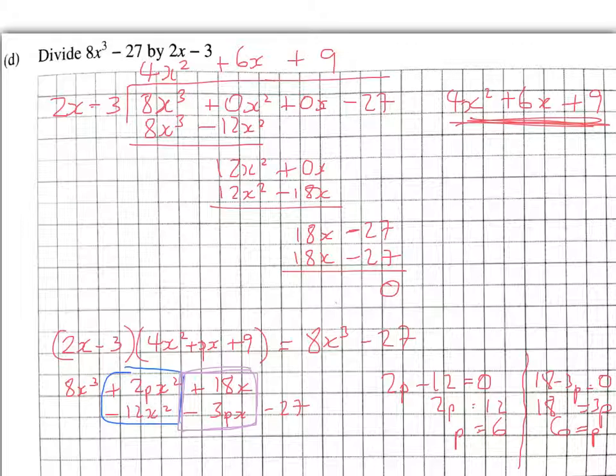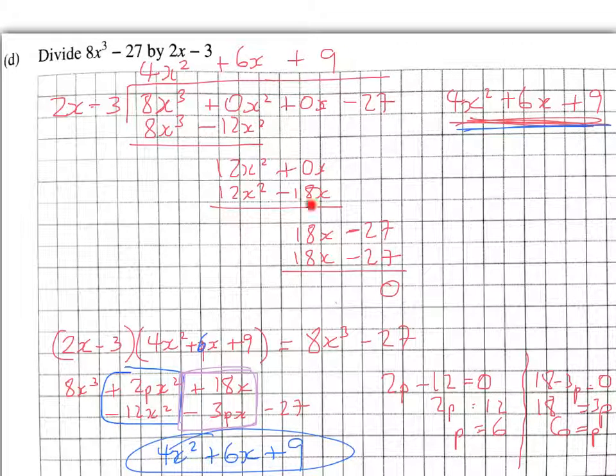So in terms of what I was doing here, I was saying, what do I multiply by 2x minus 3 to get this cubic expression? I get 4x squared plus 6x plus 9. So my answer is 4x squared plus 6x plus 9. So the same answer, but just got in a completely different way.